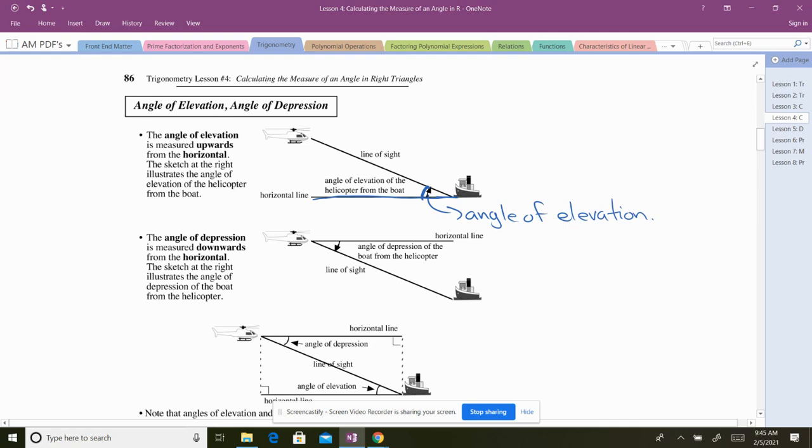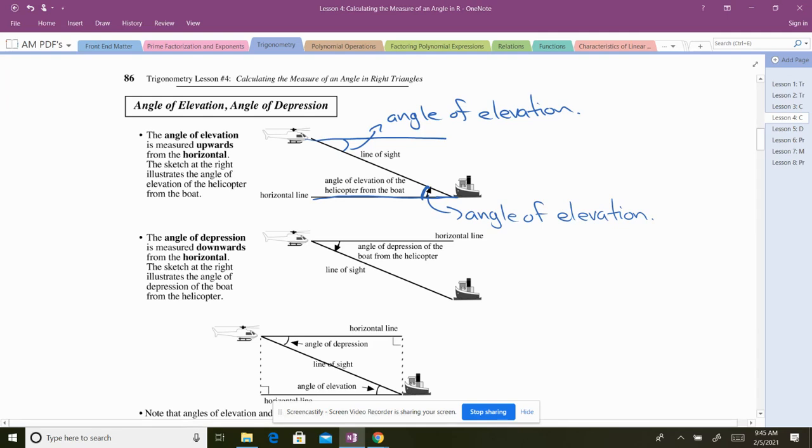If they say, what is the angle of depression from the helicopter down, the only trick here is it's always from the horizontal. So looking down, it's from the horizontal.